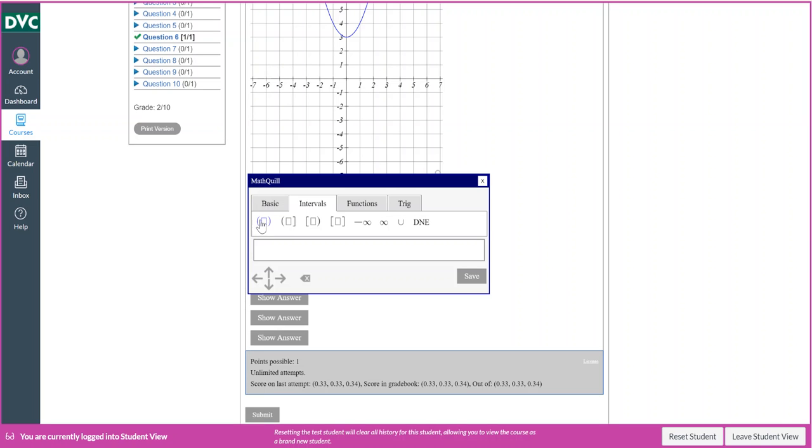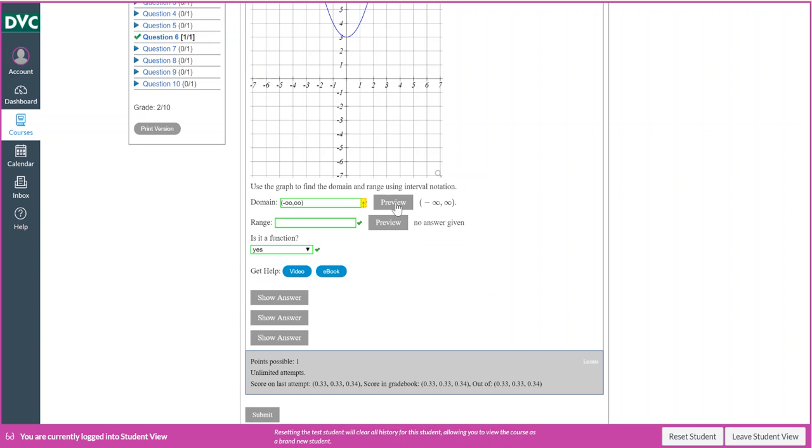And I want the nice rounded parentheses on both those infinities, right? No brackets on either of them. So I've got -infinity. Got to get on the other side of that comma to positive infinity. Hit save. My preview looks exactly the way I want it to.